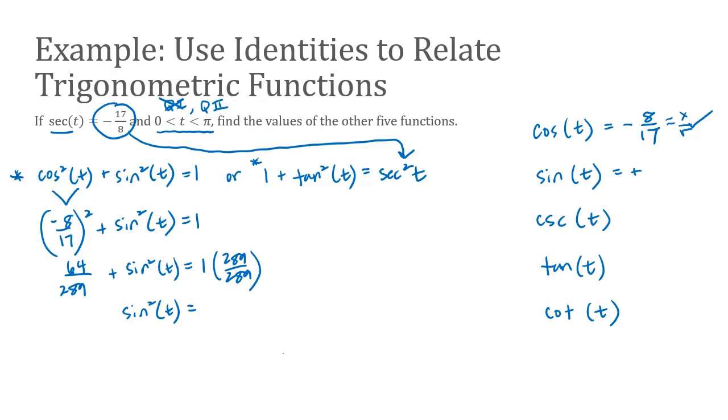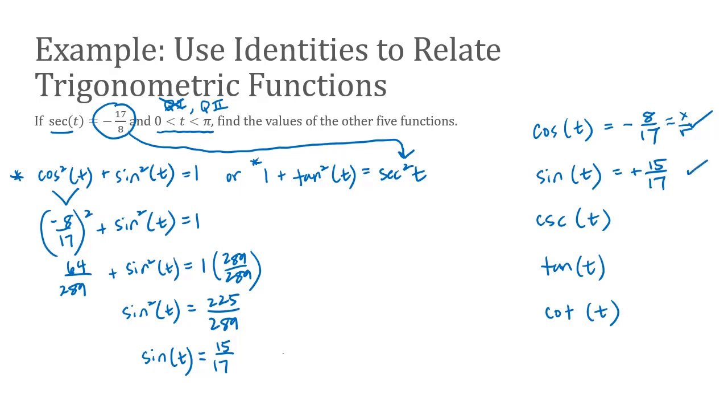289 minus 64 is 225 over 289, and I'm going to square root each side. Normally I would say plus or minus, but because I already know that it's positive because of the quadrant that I'm in, I'm just going to take the square root of 225, which is 15, and the square root of 289, which is 17, and that gives me positive 15 over 17 as my sine value.